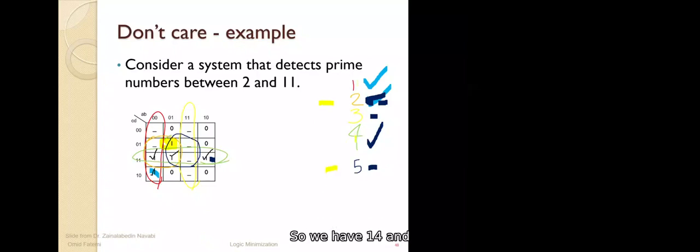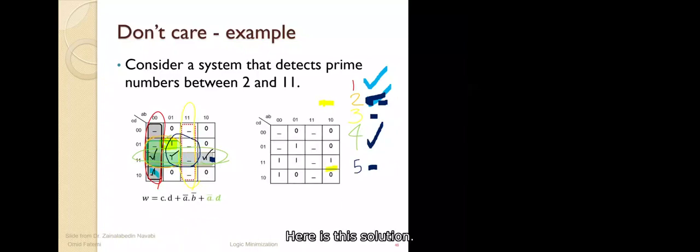So we have 1, 4, and either number 2 or 5 as our function. You see, number 3 is gone, and one of 2 and 5 is also gone. So these are the ones. Here is this solution.